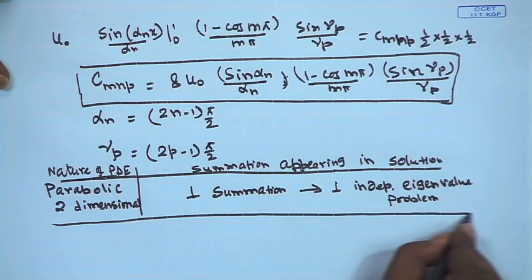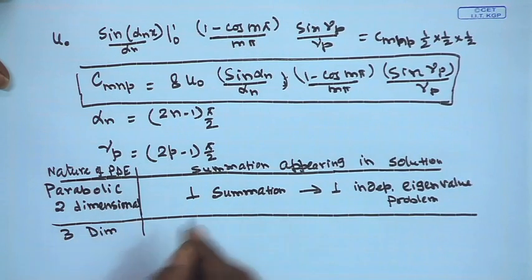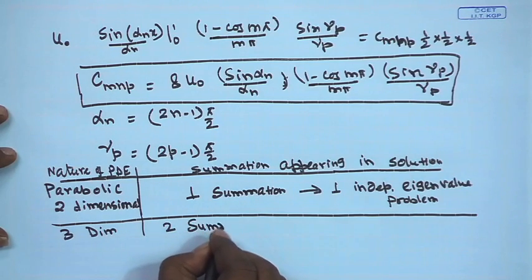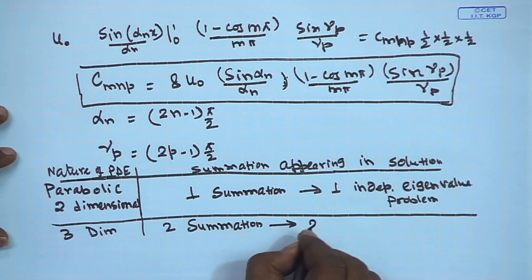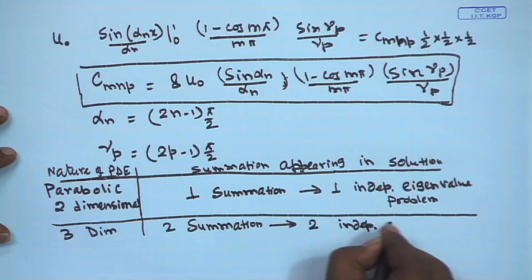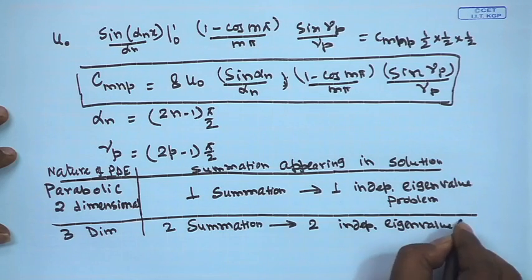If we are dealing with a three-dimensional problem, I will be having two summations in my solution, because I have two independent eigenvalue problems.